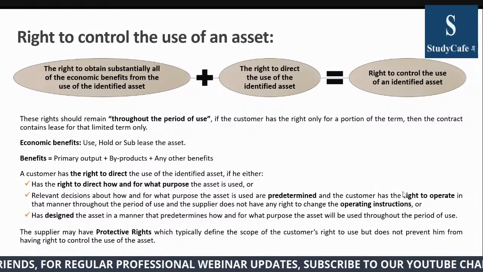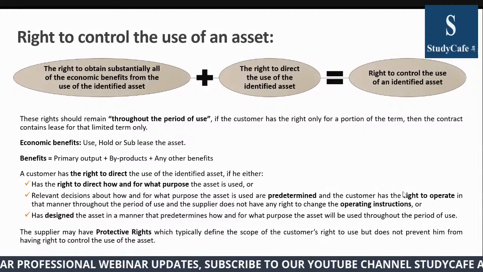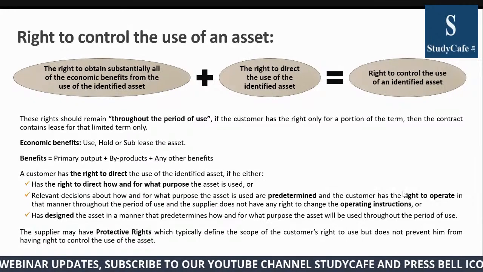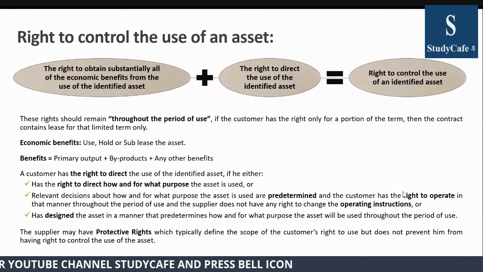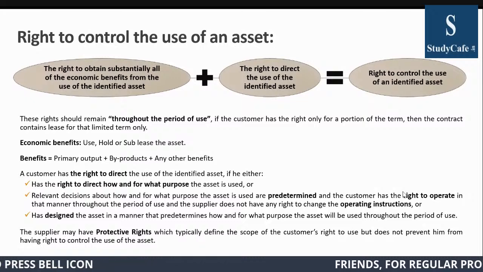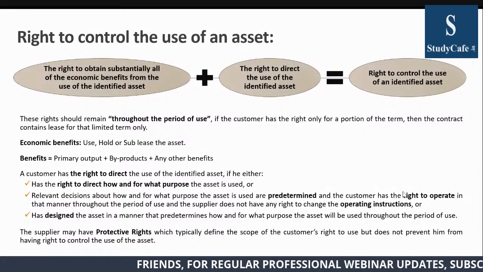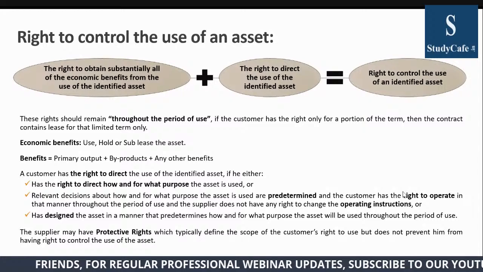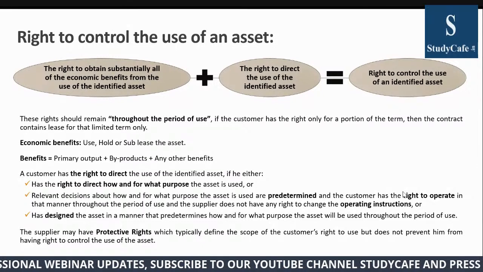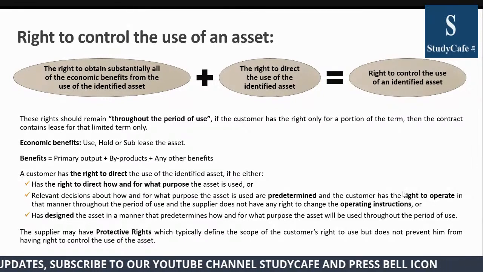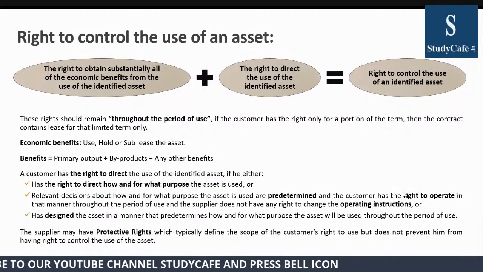Now, generally, in the contract there are certain protective rights that have been given to the lessor. For example, a company has taken machinery on lease, and as per the contract, there is a limitation on the production. For example, the lessor can stop the lessee from using that machinery after the production of 1 lakh units in 1 year, right?